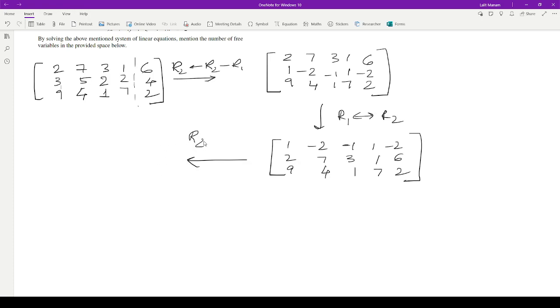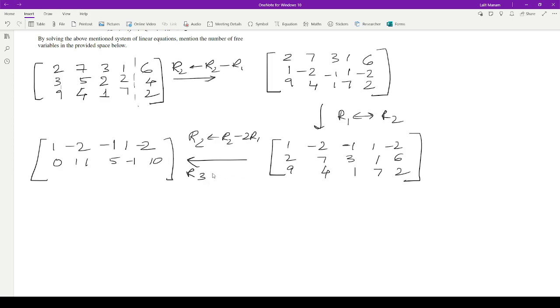We take the second row and subtract 2 times the first row from it. So the first row is the same, and the second row we are subtracting 2 times the first row.